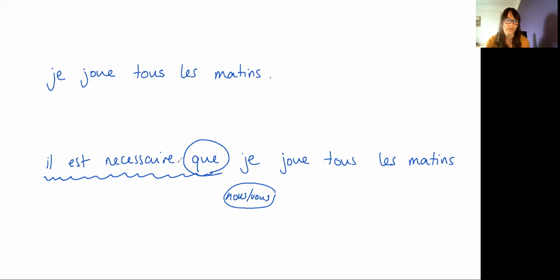The examiner will never know if you actually knew how to form your subjunctive or if you just wrote it in the present. Same for speaking, because if you say il est nécessaire que je joue tous les matins, you could have been getting it wrong in your head, but it sounds right, so it doesn't really matter.